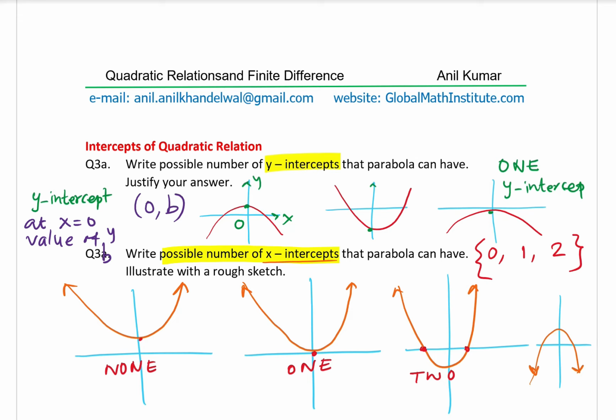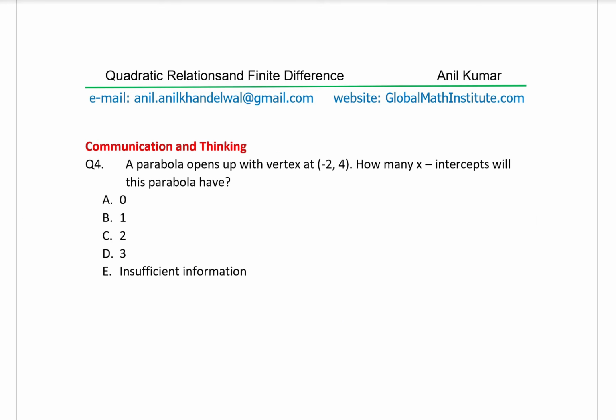Let's move on and take the next question. Question number 4. It's a communication and thinking question. A parabola opens up with vertex at (-2, 4). How many x-intercepts will the parabola have? Think about it and answer the question. Here is what you could visualize.